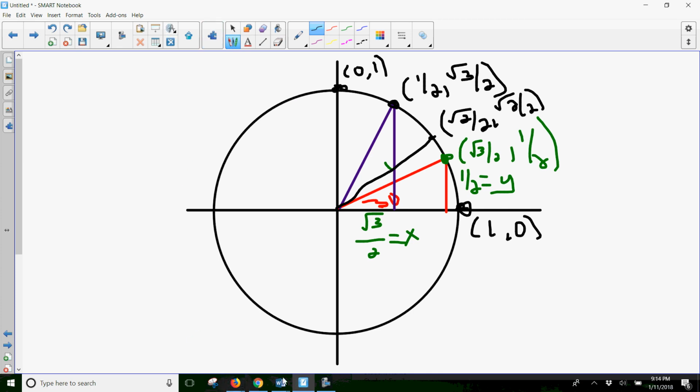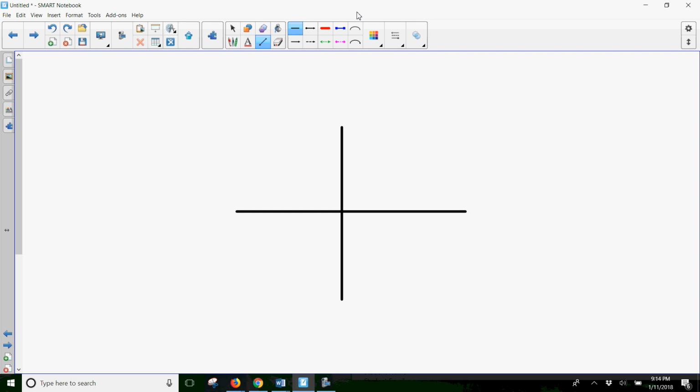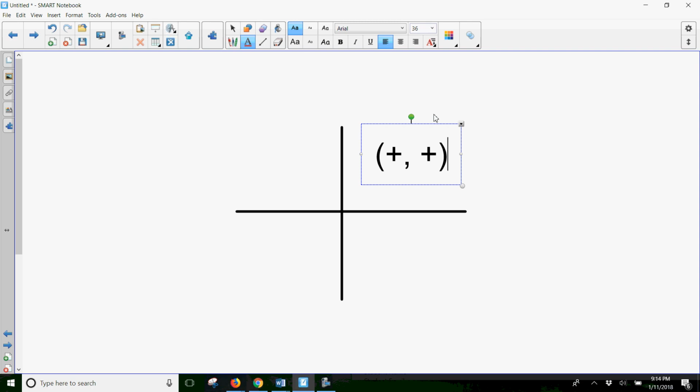So let's just recall that if we are in the Cartesian plane and we have 4 quadrants, up here in the first quadrant, it's going to be positive and positive. If we are in the second quadrant, it's going to be negative and positive.